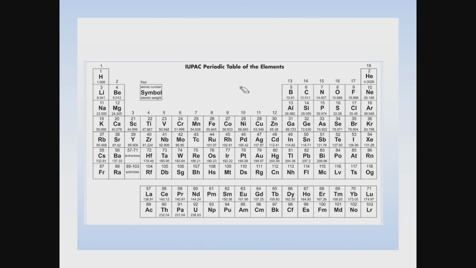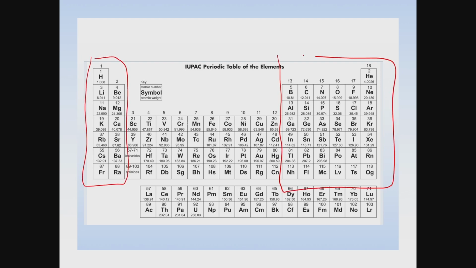But there's actually another way you can do it oftentimes. The way you can do it is if the element is in the main group elements, in other words, the element is either part of the S block or the P block here, you can rapidly determine the number of valence electrons by its location. So in the first column, all elements here have 1 valence electron.